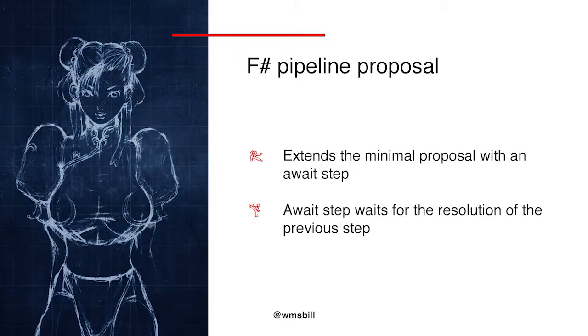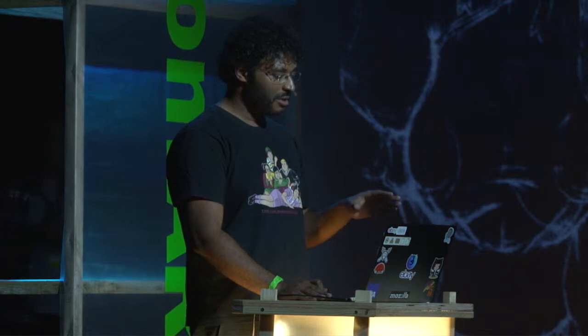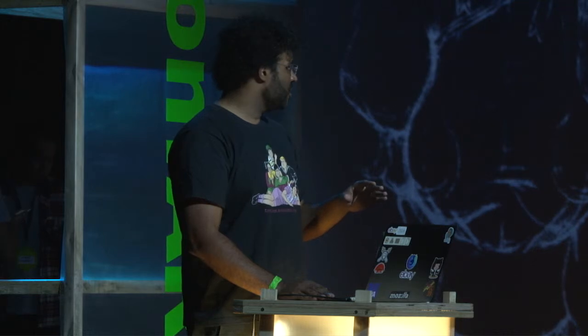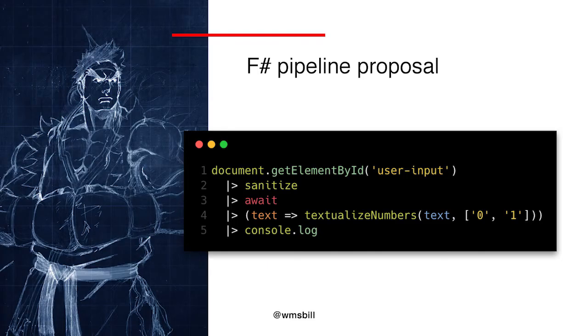The other competing proposal is the F# pipeline proposal. It just extends the minimal proposal with an await step. Basically, the await step just awaits the resolution of the previous step in order to go to the next one. Given our basic example, you can check here that in the third line you have a single await step, which literally means that I need to await the previous step to be resolved in order to go to the next one.